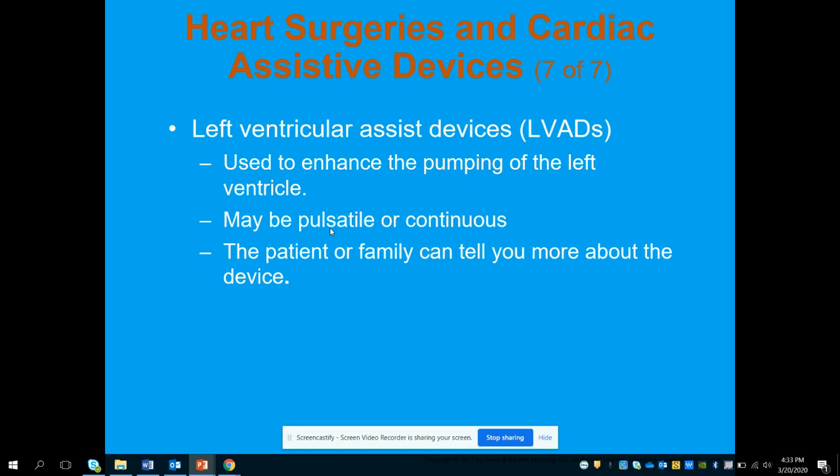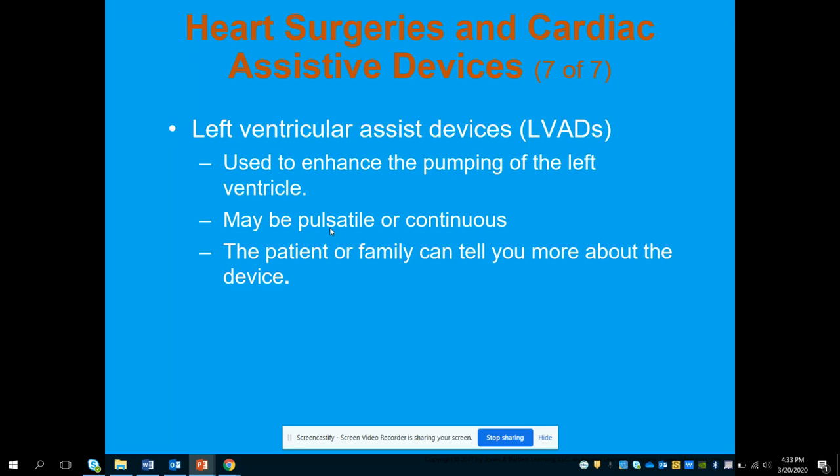And if they have the portable battery packs, they're traveling with several of them because they only last a certain amount of time. And usually the patient's caregiver or spouse or child or whoever is their primary caregiver can give you more information about this. And anyone who has an LVAD, they need to go to the hospital where it was placed. So if it was done like at Duke or if it was done at UNC, those are usually the two primary places that do them in our area.